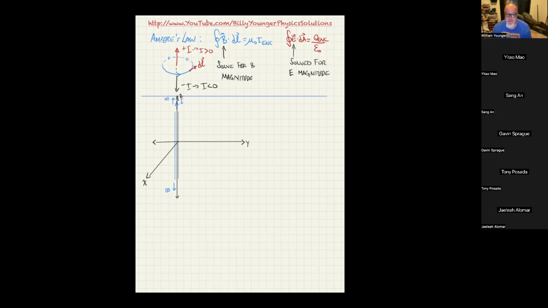I could do the distance r somewhere halfway between the negative x-axis and the positive y-axis, all sorts of stuff I could do. But the main thing is I'm going to do it on the y-axis. So I'm going to come over here on the y-axis, and I'm going to say that this distance right here is a distance r away as measured perpendicularly to the current.